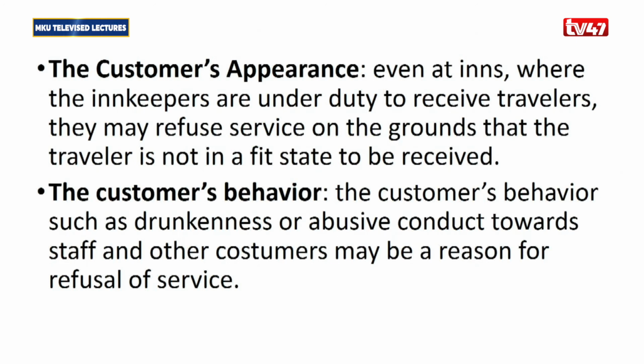You know, there are sometimes customers whose behavior just cannot be condoned within the restaurant. One, if the customer is so violent to other customers or even to the owners, then the owner has the right to deny the service.